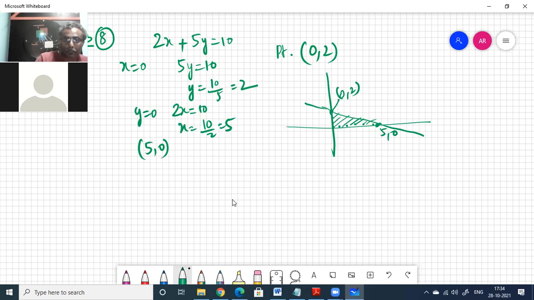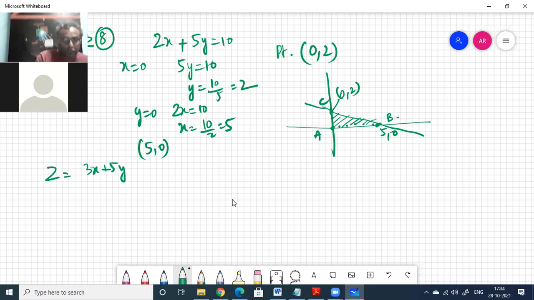So here you have 3 points, A, B, and C. For point A, what is the function? Z is equal to 3x plus 5y.